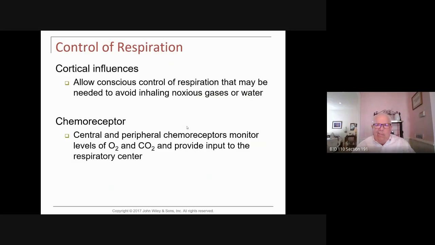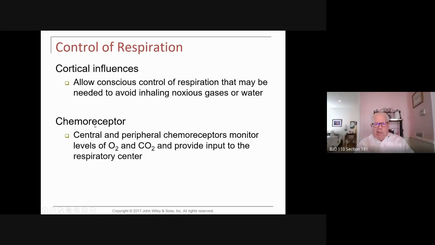If you are seeing a car accident, if you're seeing a snake, if you're inhaling noxious gases, you will change the way you breathe just by seeing things, and that's the cortical influence. This is from your cerebrum.